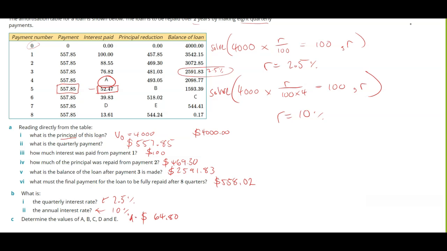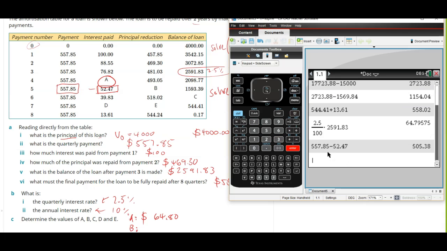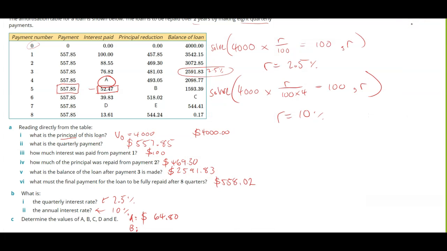So that's A. B, we're going to do 557.85 minus 52.47. That's 505.38. So that's the difference of those two, because remember, you pay that off and then they charge you that interest. So the difference gives you how much the principal goes down.